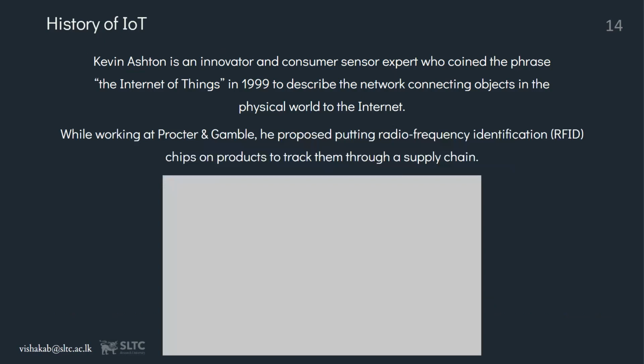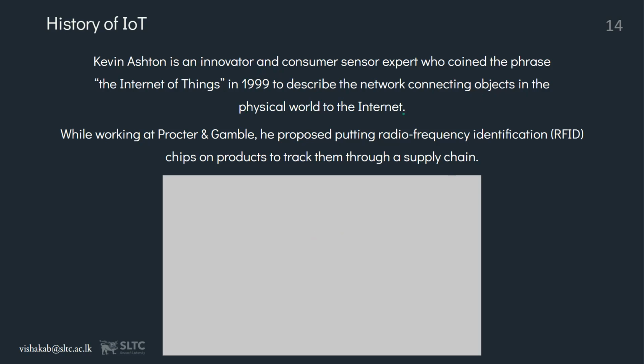So in the last class, we saw an introductory video regarding Kevin Ashton. Kevin Ashton is the person who introduced this IoT concept. I think we watched a video in the beginning of the lecture last week where he explained that the Internet of Things is used to describe a network connecting objects in the physical world to the internet, right?